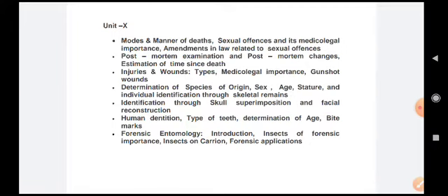Here, even in this unit, the various terms and terminologies are very important. Okay, the terms related to postmortem, autopsy are important, and various sexual offenses, both natural and unnatural, are important.